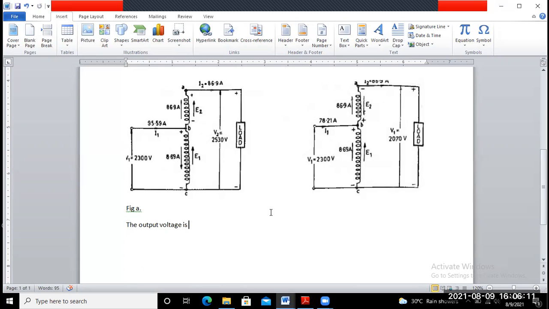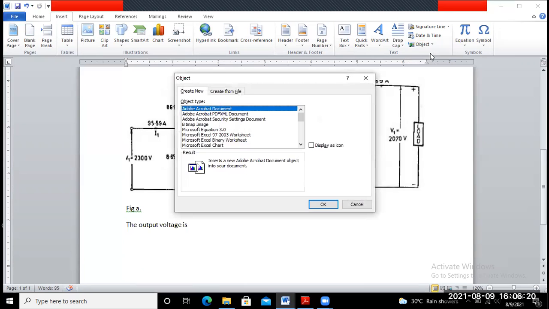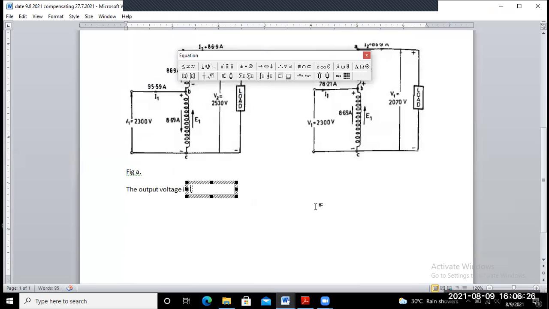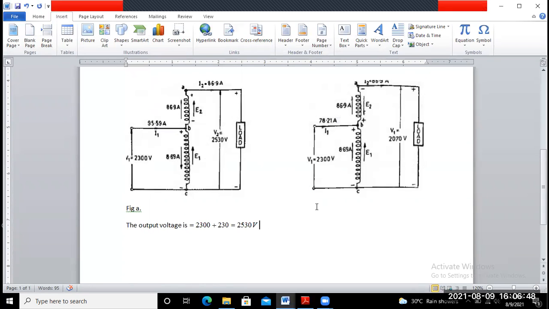So 2300 volt, you may write in equation form, that is better. So here, the output voltage rating is nothing but 2300 plus 230 volt equal to 2530 volt, is it not? So this is the output voltage of the auto transformer if you connect it in this way.